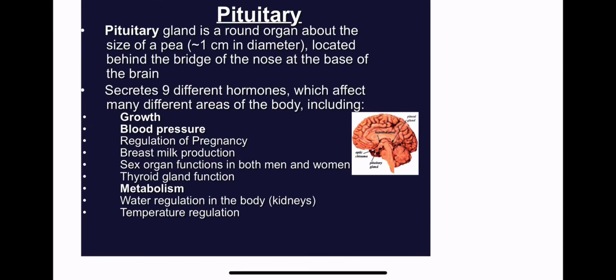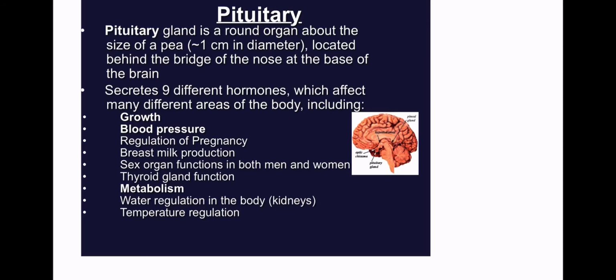The pituitary gland is a round organ about the size of a pea, 1 centimeter in diameter, located behind the bridge of the nose at the base of the brain. It secretes 9 different hormones which affect many areas of the body, including growth, blood pressure, regulation of pregnancy, breast milk production, sex organ functions in both men and women, thyroid gland function, metabolism, water regulation in the body, kidneys, and temperature regulation.